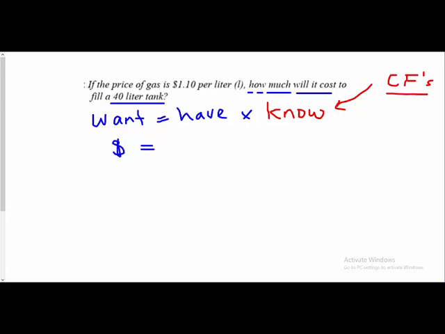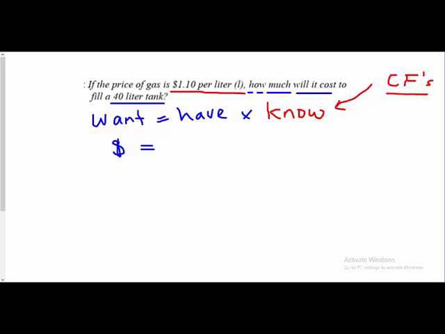Sometimes in chemistry, it can be a little bit confusing to determine which piece of information will be your conversion factor and which will be your starting point for your calculation. A tip is, when you're looking at the question, if you see a statement that relates two different units, such as the price of gas is $1.10 per liter, notice that this relates liters of gas with dollars.